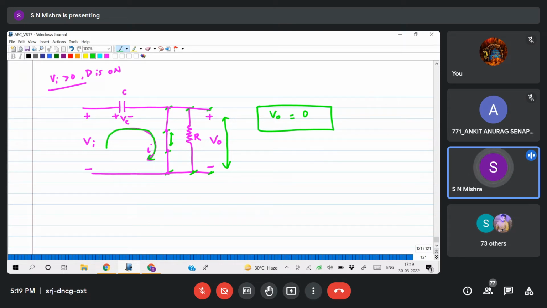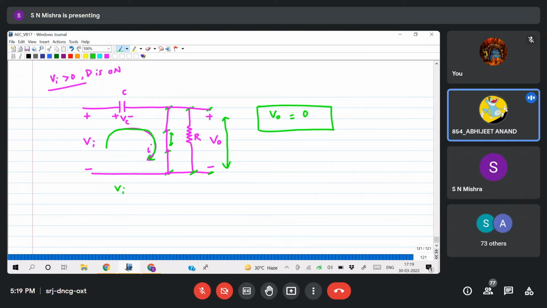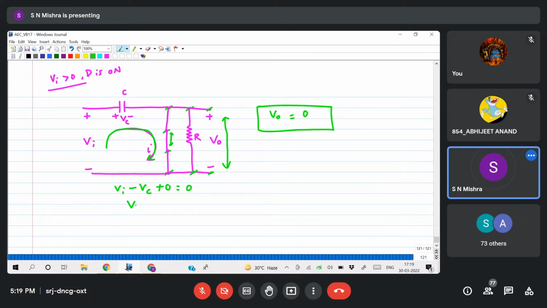What will we get? Minus Vi plus Vc equal to 0, plus Vi. Here, across the short circuit, 0 equals 0. So Vc equals Vi. So Vc max equals Vm. Understood?